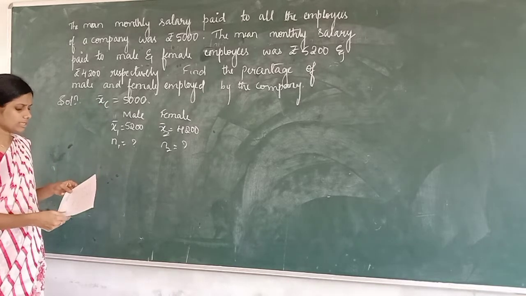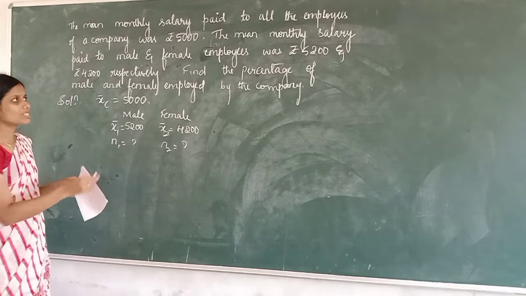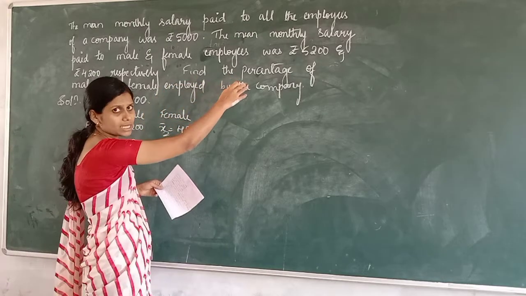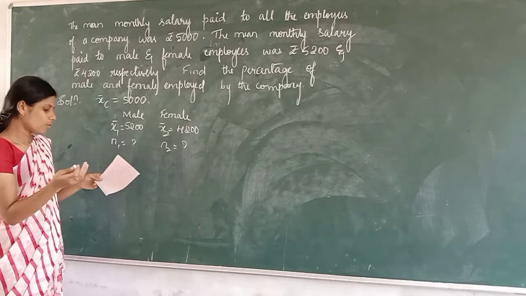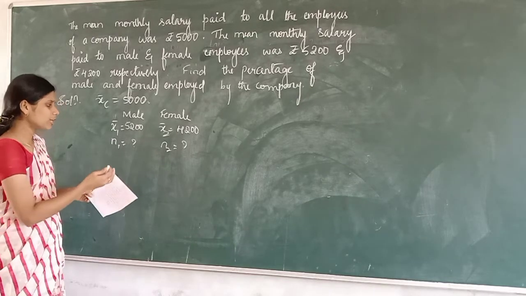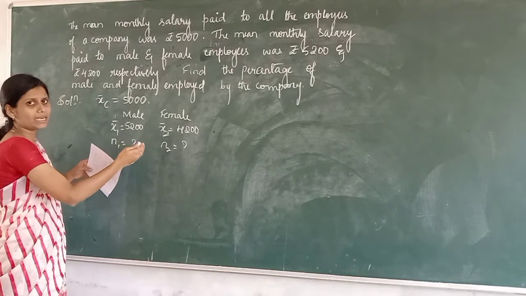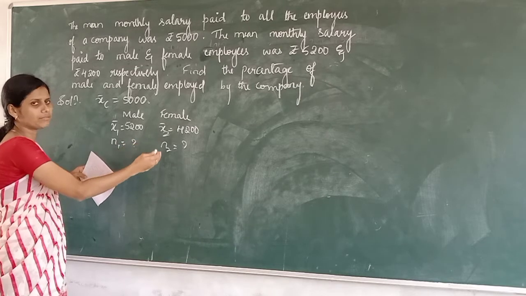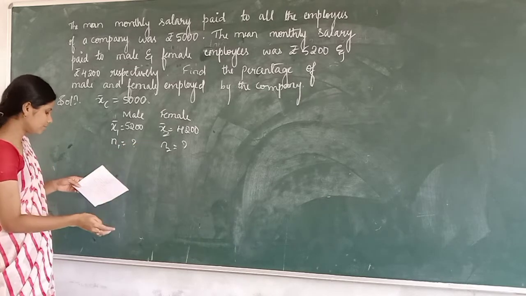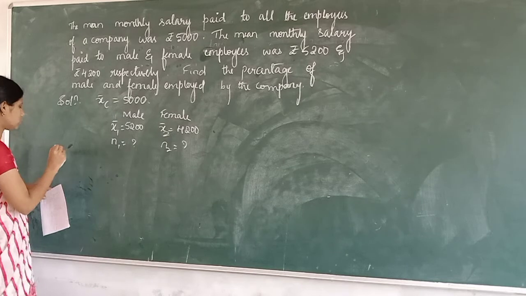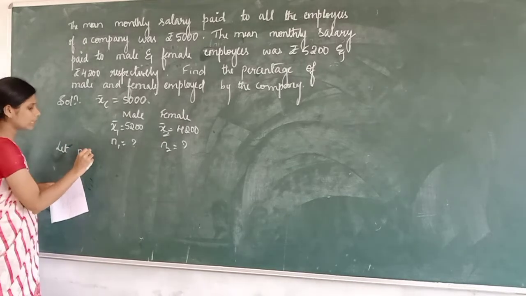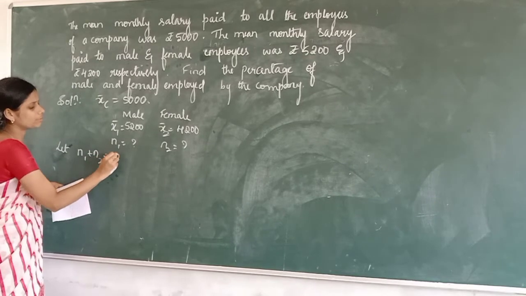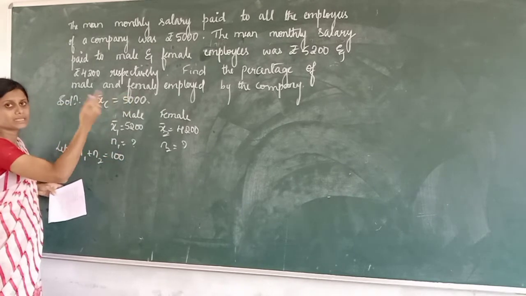So how to calculate this? As we are asked to find the percentage, we are going to consider the total as 100. When you add the number of male and female employees, it should be equal to 100. So in the solution, first of all we take N1 plus N2 is equal to 100, because we are asked to present it in percentage.